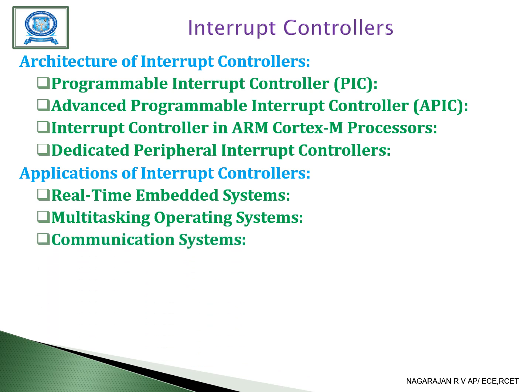The next one is communication systems. Interrupt controllers manage data transfer and communication events in systems with high data throughput, such as network routers, wireless communication devices, and IoT gateways. The next one is power management. Interrupt controllers play a role in power management by handling interrupts related to power saving modes, wake up events, and battery monitoring.